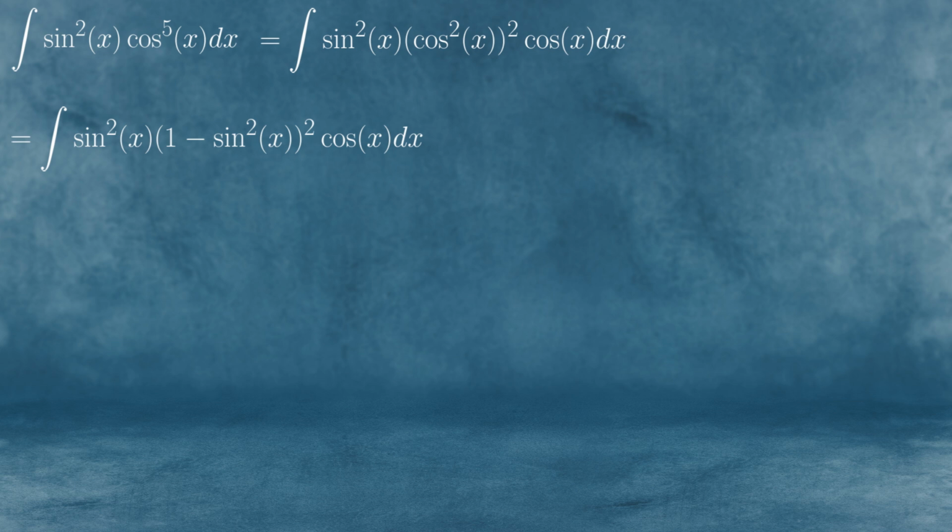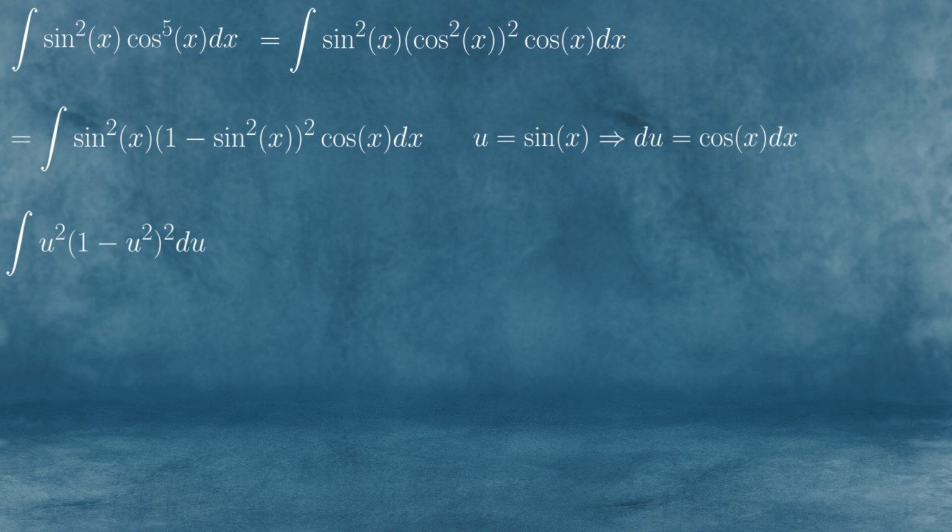And if we perform the substitution, u equals sine of x, du will be equal to cosine of x dx. Thus, the previous integral becomes the integral of u squared times 1 minus u squared du.